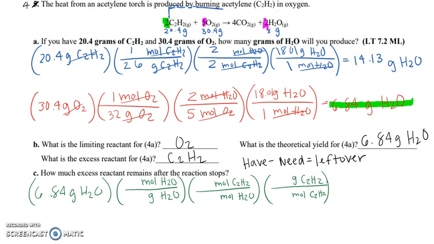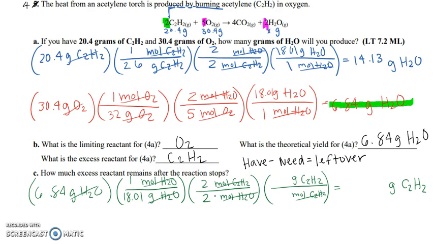Now let's double check our units cancel out. Grams of water, moles of water, moles of water, moles of C2H2, moles of C2H2. I'm going to get an answer in grams of C2H2. Now, let's plug some numbers in. For every 1 mole of water, I have the molar mass of 18.01. For every 2 moles of C2H2, I have 2 moles of water.